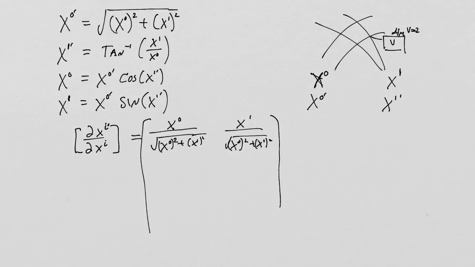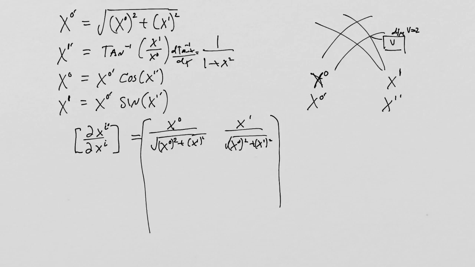And then we need the derivative of this guy with respect to x0. The derivative of inverse tangent of x, d by dx, equals 1 over 1 plus x squared. Useful fact.